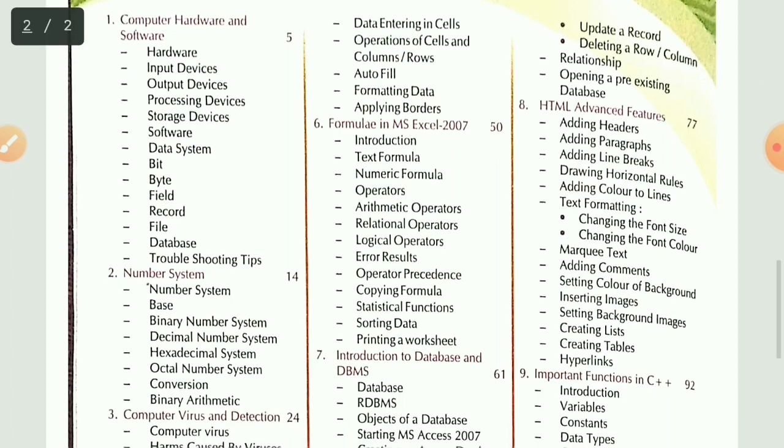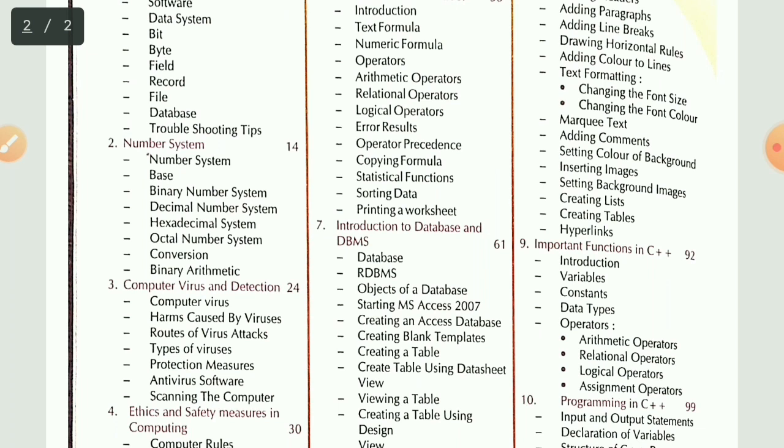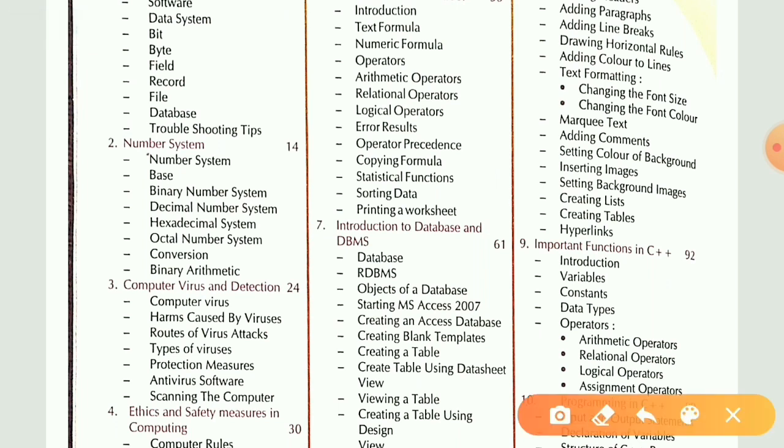Now in this video we are going to start your chapter number 2, that is number system. In this chapter we are going to see what is a number system, how many different types of number systems we have, what is the meaning of base, and how to convert one number system into another.